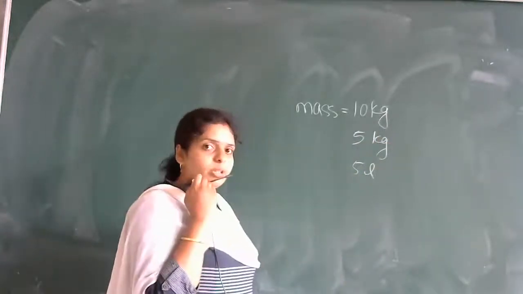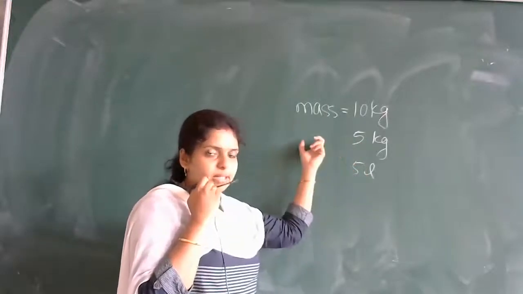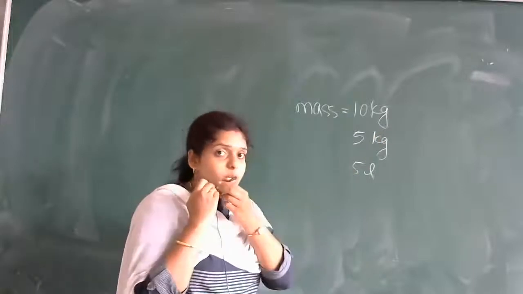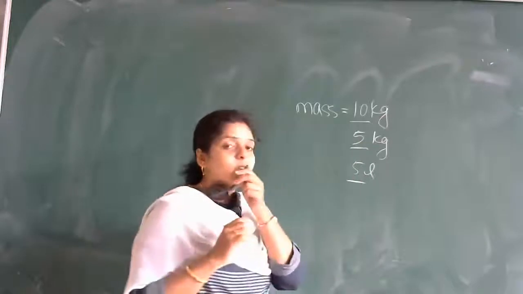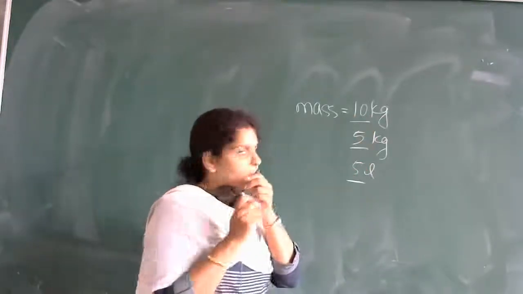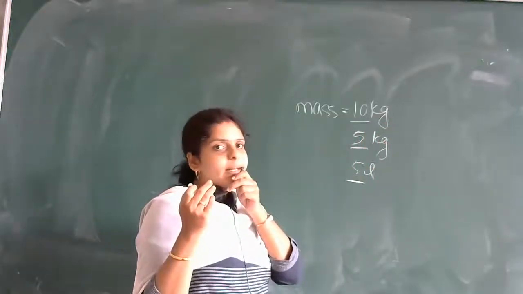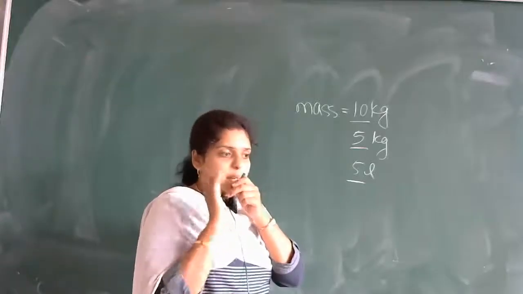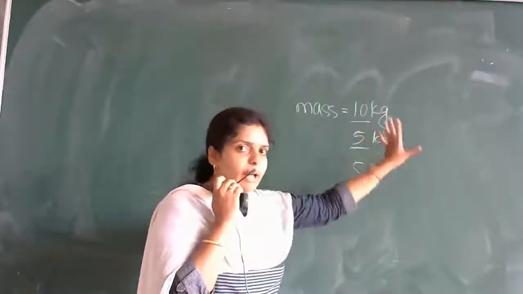Whatever physical quantity you write, here mass, you are expressing it in two parts. One is a number, which is called the magnitude. So here 10, 5, 5 are the magnitude. Then next you have kg, liter. Similarly for time you say 5 seconds, 10 seconds. So it consists of magnitude and unit.